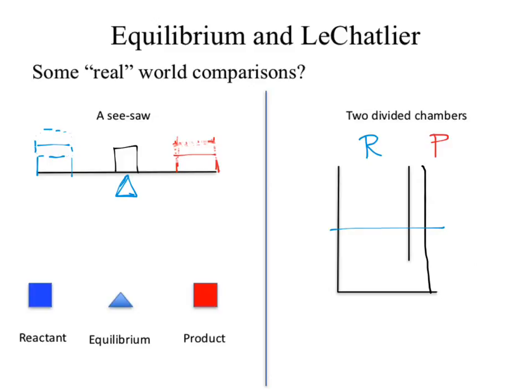Would it be straight across? No. What does it look like? It's really low on the reactant side and then possibly overflowing on the product. Higher on the product side. In this analogy, what we're saying is not the volume, but the height. So we end up producing more product by changing the size of those containers.